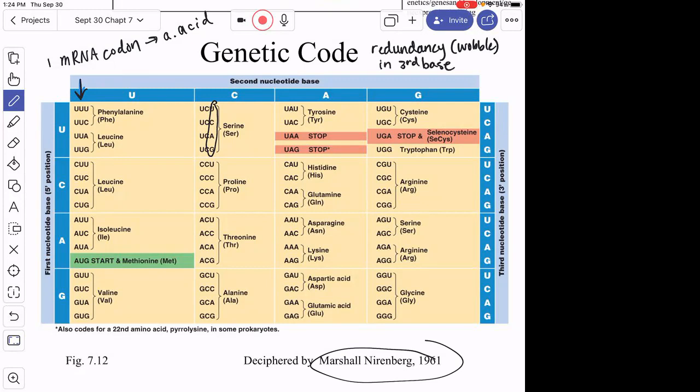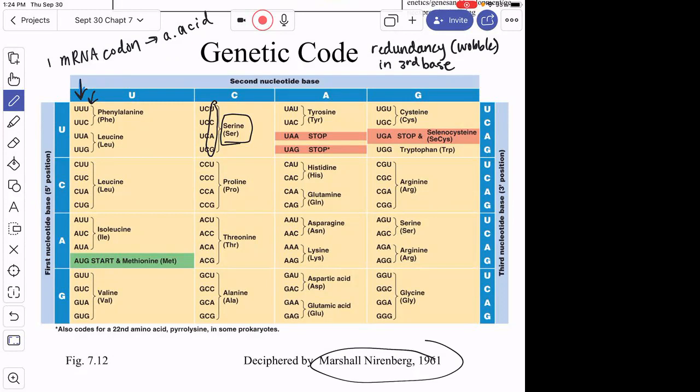Oftentimes it doesn't really matter what that 3rd base is. It's still going to encode for the same amino acid. Sometimes it does matter. Again, like here, if it's U or C, it's phenylalanine. If it's A or G, it's leucine, but sometimes it doesn't.